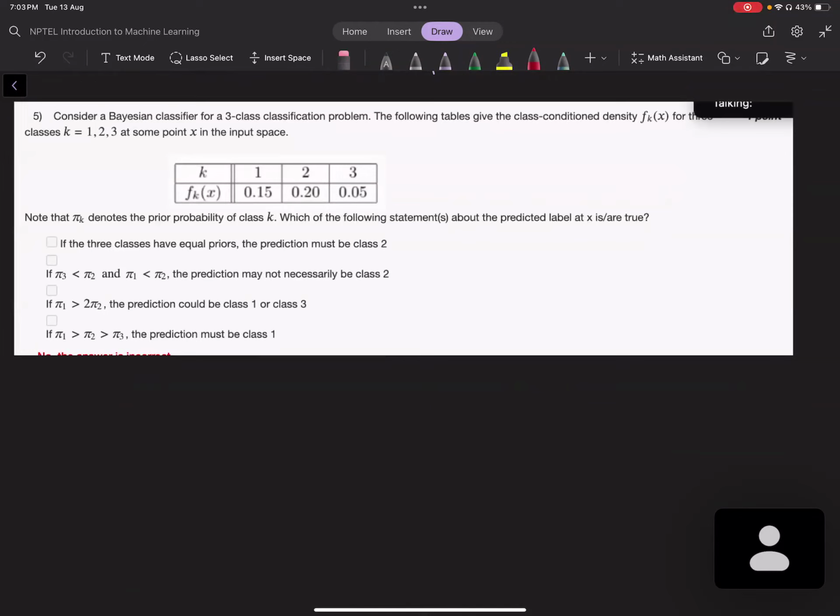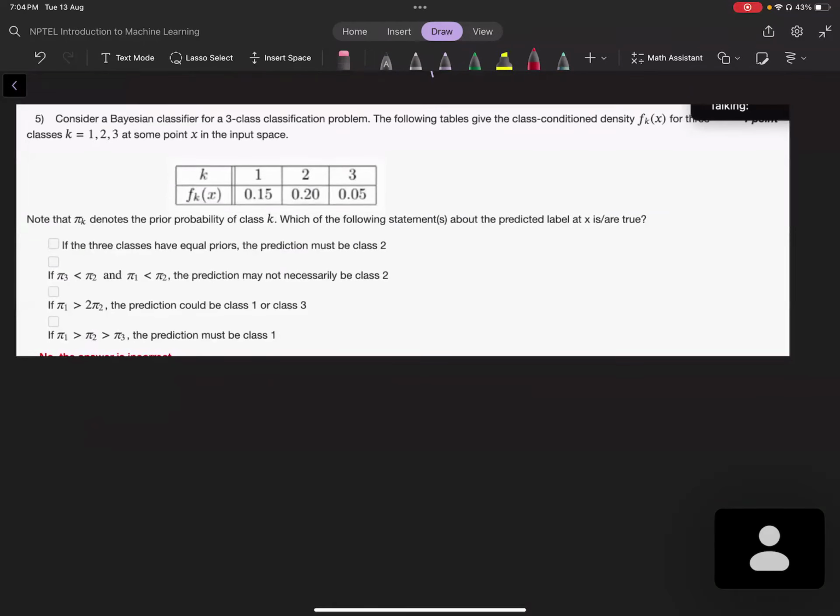So it's a Bayesian classifier, and it's a 3-class classification problem. The following table gives the class condition density. Class condition density means the density of a data point X, how dense a data point is when it is given some class.